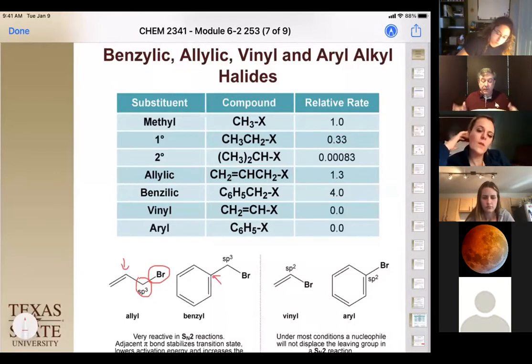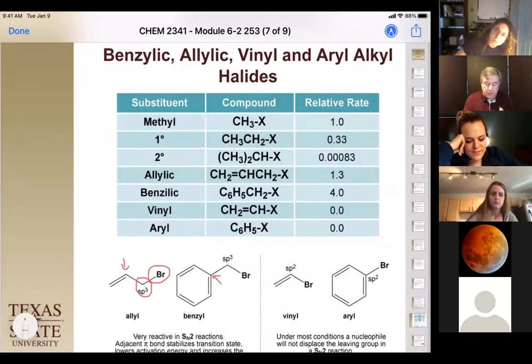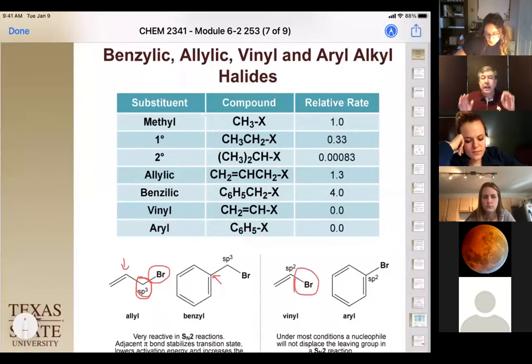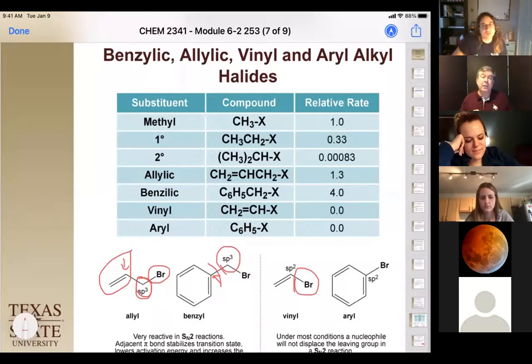They tend to be fairly reactive, because the sp2 can lend a little bit of electron density or can help it go. But you cannot do an SN2 reaction on an sp2 hybridized carbon. You have to do a completely different reaction. They do not act as a substrate. So you can have double bonds in your system, but you must have an sp3 hybridized carbon to react with.